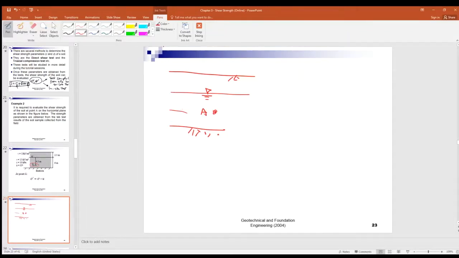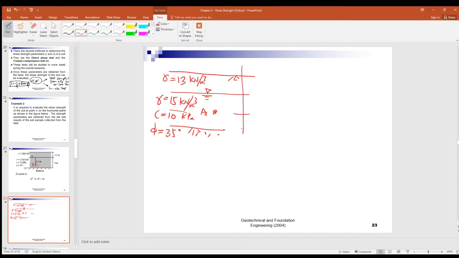So gamma 1 is 13 kN per cubic meter, right? And here, gamma equals 15 kN per cubic meter. And you got C equal to 10 kPa and phi 35 degrees.